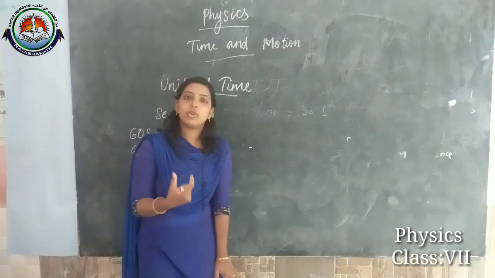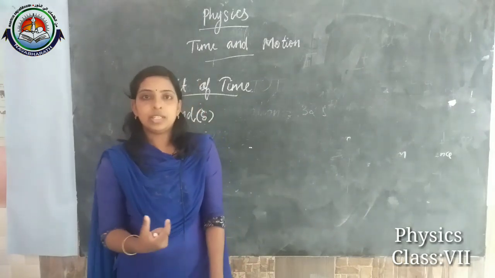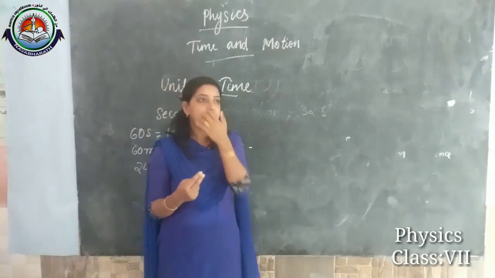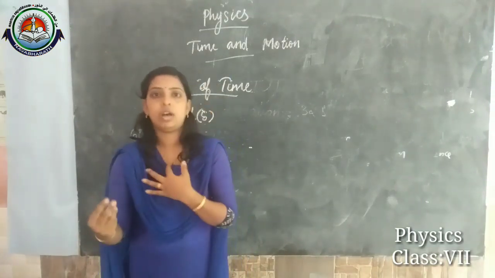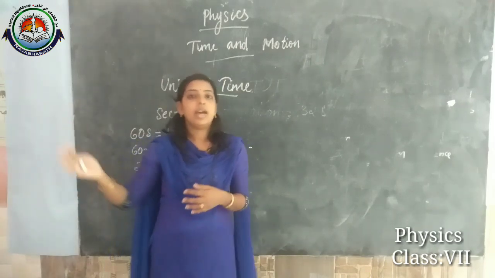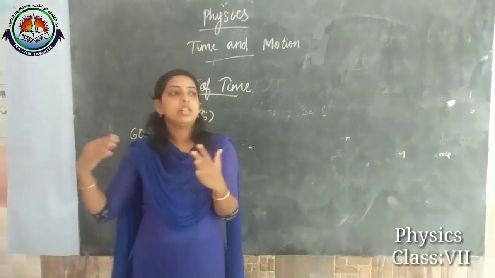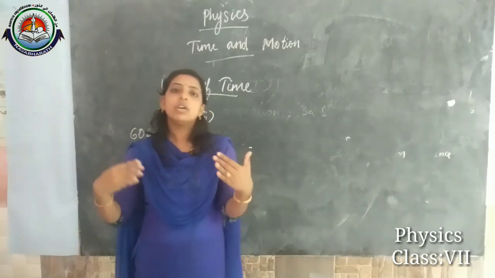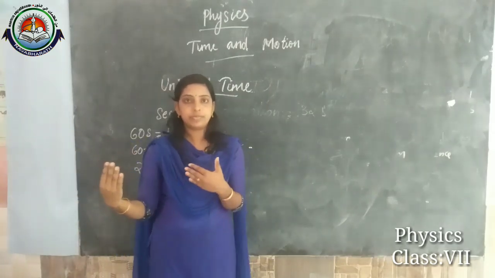Motion means, when we are looking around us, you can see different kinds of objects: some are moving, like flying of birds and moving of vehicles. Many kinds of movements you can see, right?